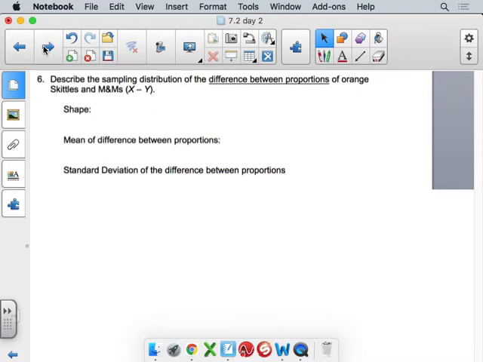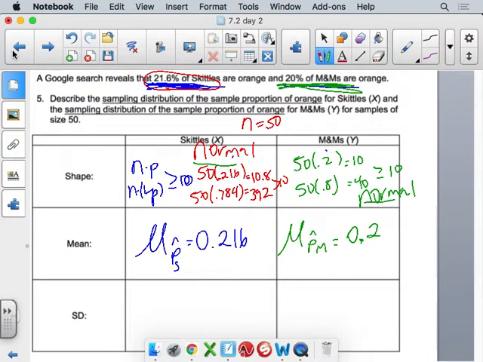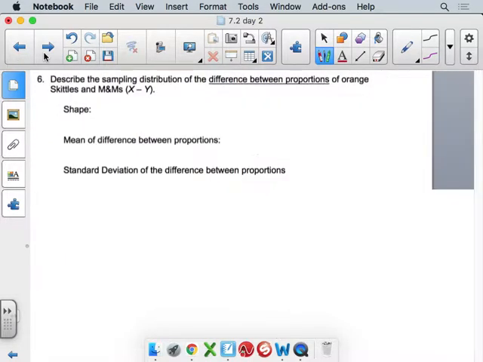So what's the shape? Since the shape of both of them we proved was normal, what I can say is it's normal because both of those checked out at greater than or equal to 10. So both did that. So we can say that the combination of them is also normal.